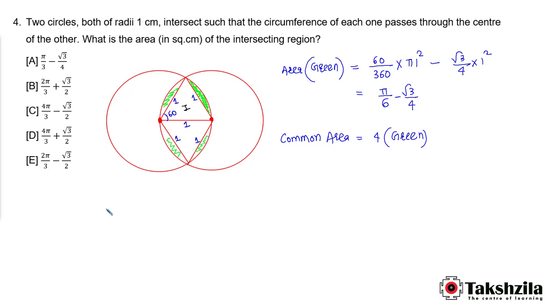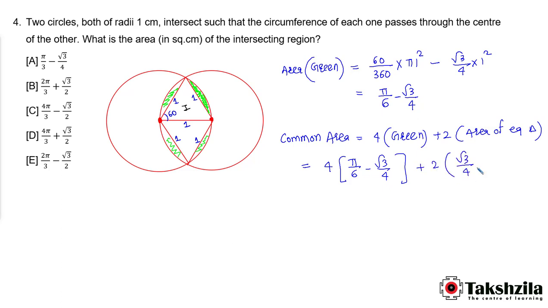So the common area is equal to 4 times the green region plus 2 times the area of an equilateral triangle. There are 2 equilateral triangles. So our final answer is going to be 4 times pi by 6 minus root 3 by 4, plus 2 times root 3 by 4 into side square.